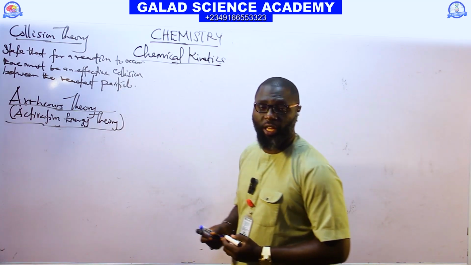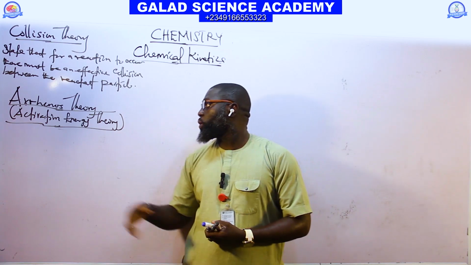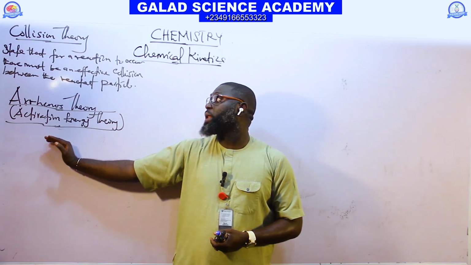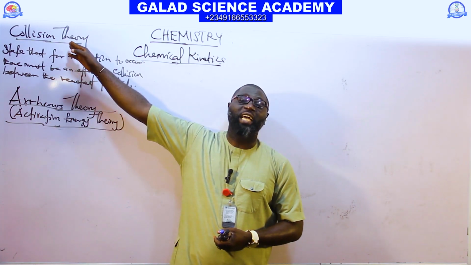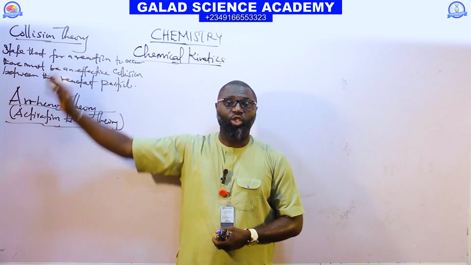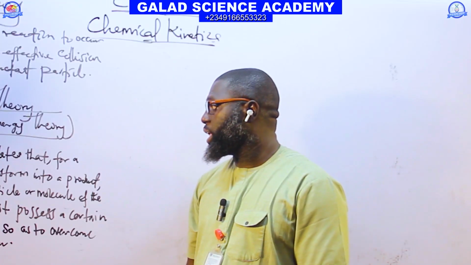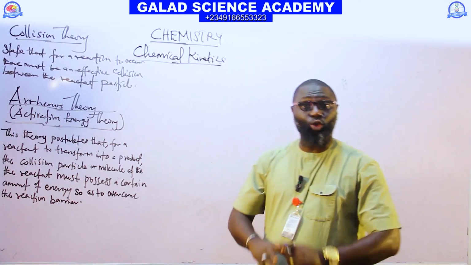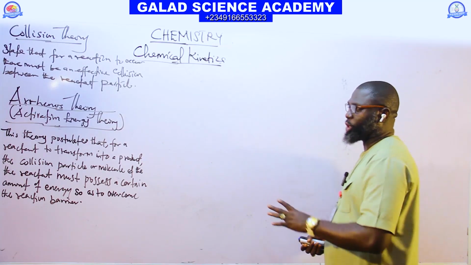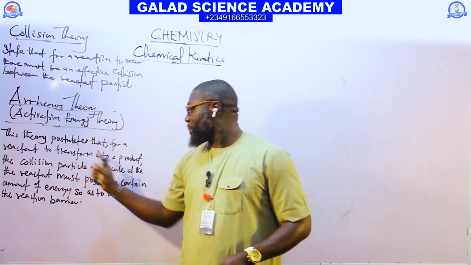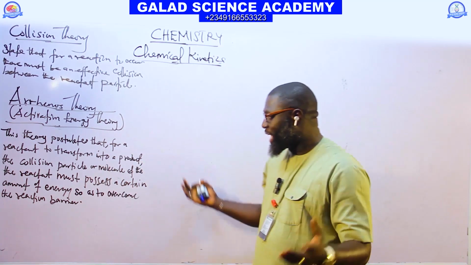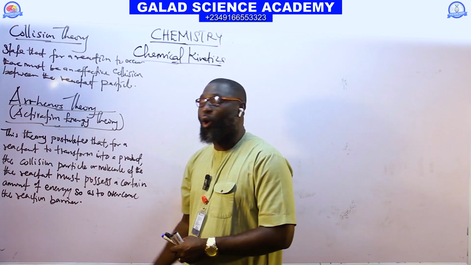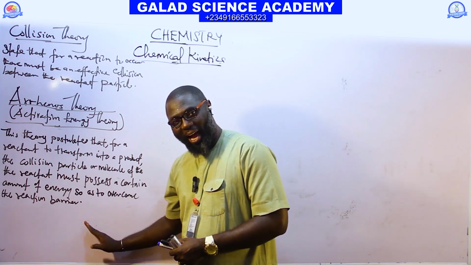So the Arrhenius theory, or the activation energy theory, is the theory that explains the scenario that happens in collision theory. This theory postulated that for a reactant to transform into a product, the colliding particles or molecules of the reactant must possess a certain amount of energy so as to overcome the reaction barrier.